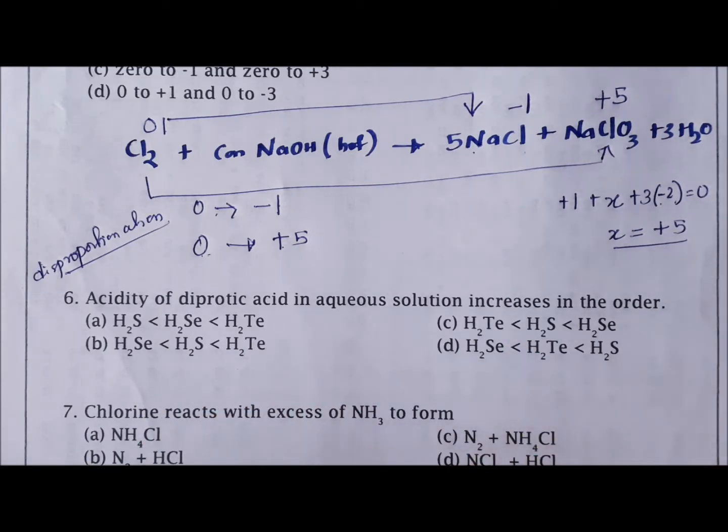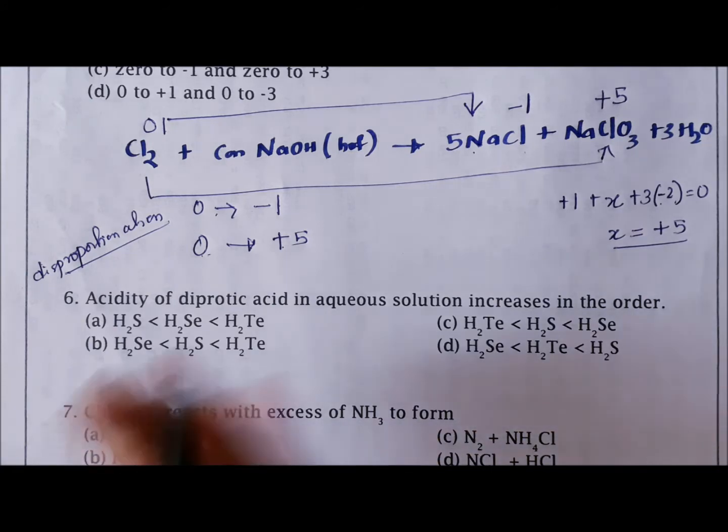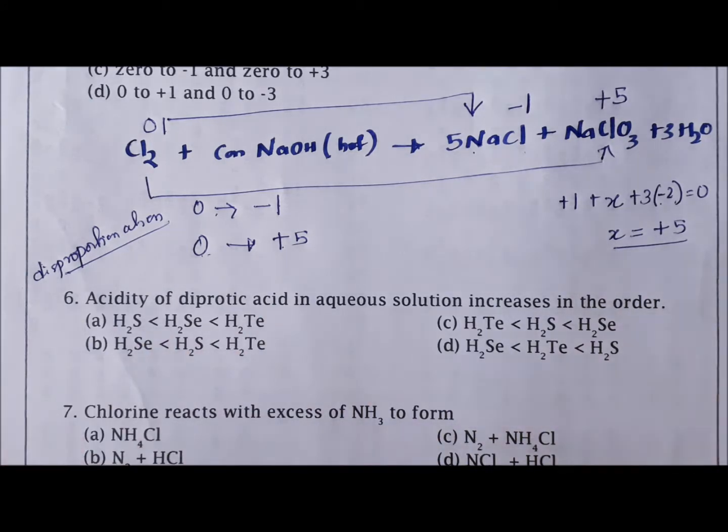With the decrease in bond strength, the release of hydrogen ion becomes easier and easier because of low bond dissociation enthalpy. So your acidic strength will increase down the group.